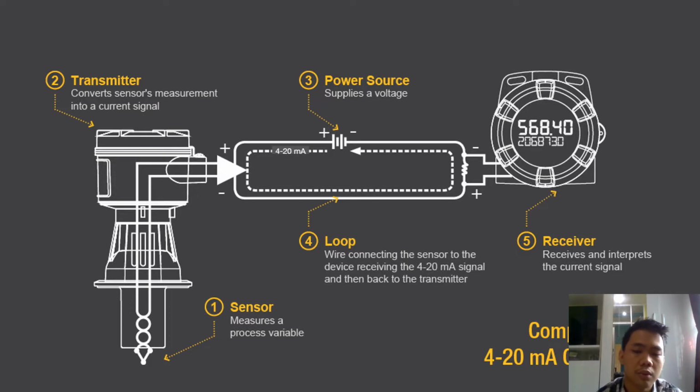And then we have the loop, the wire connecting the sensor to the device receiving the 4 to 20 mA signal, and then back to the transmitter. And then finally we get the receiver. At some place in the loop there will be a device which can receive and interpret the current signal, and then we can monitor the system with the receiver, as you can see in the figure.